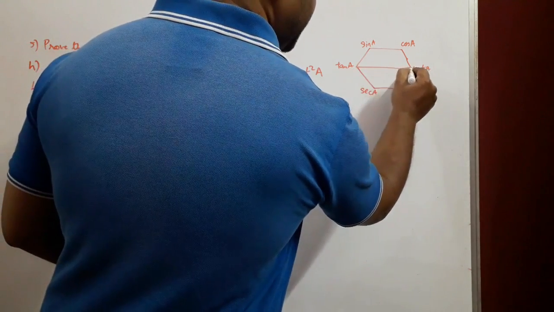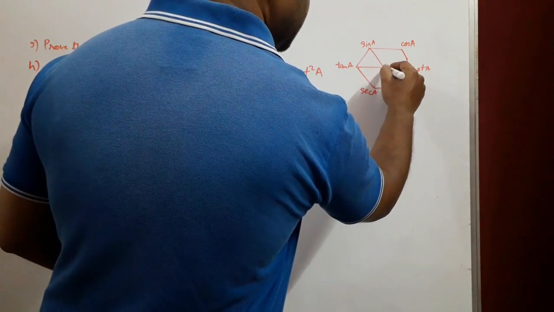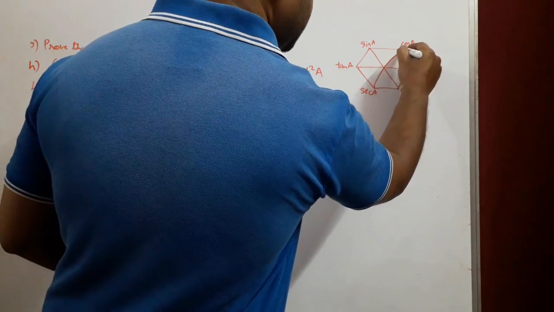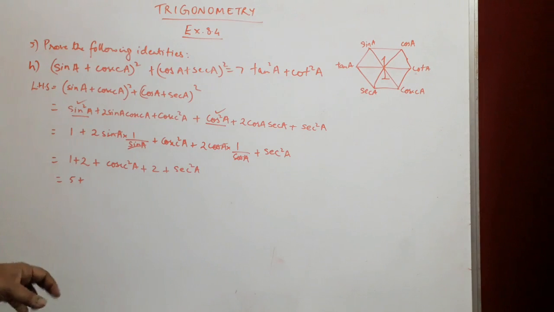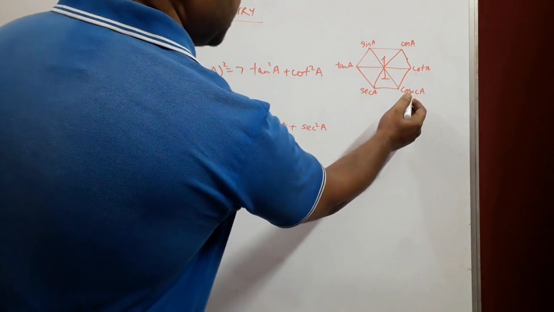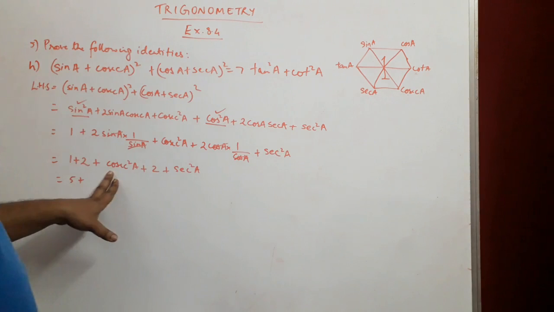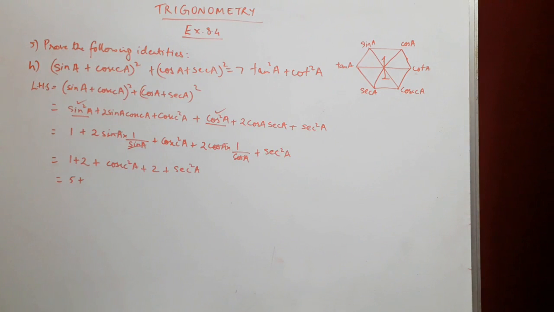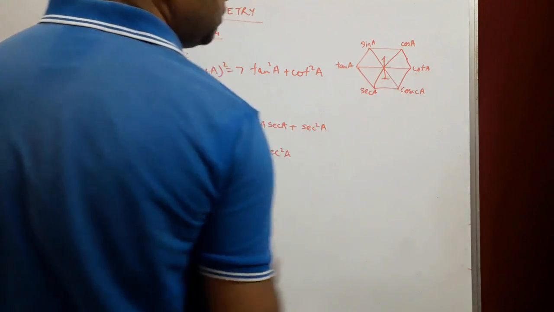So we'll connect them first. We have the connection over here, and we'll put a 1 in between. Now we are interested in cosec square A. Where is cosec? Here. If you recall, we had established sin square A plus cos square A equal to 1.